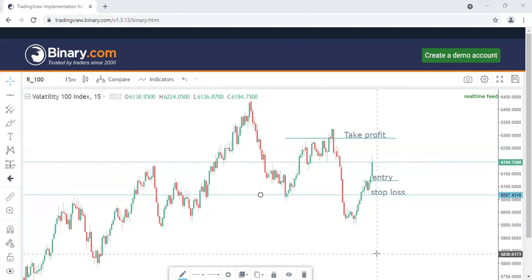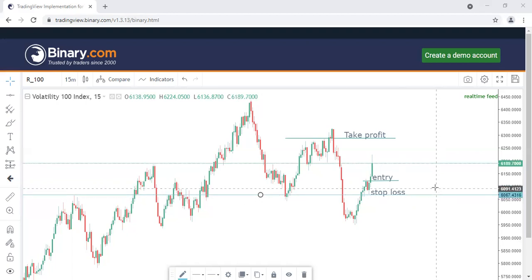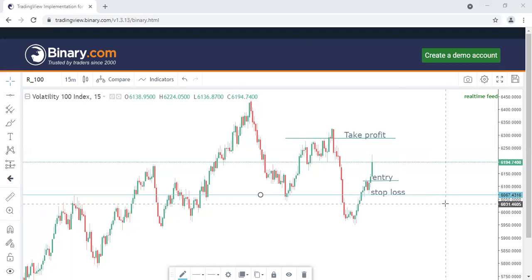For instance, let's say price moves from 6,067.4316 to 6,100. You subtract 6,100 minus 6,067.4316, and your answer, you divide it by 10. So that would be your pips. In this case, our entry minus our stop loss, then we divide it by 10.